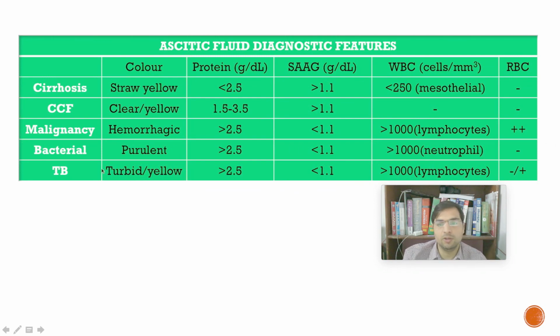Similarly in tuberculosis, there will be more WBCs, proteins will be greater than 2.5, the SAAG score will be less than 1.1, and the color will be turbid or yellow. So based on the ascitic fluid lab values and the color, we can suspect or diagnose the cause.